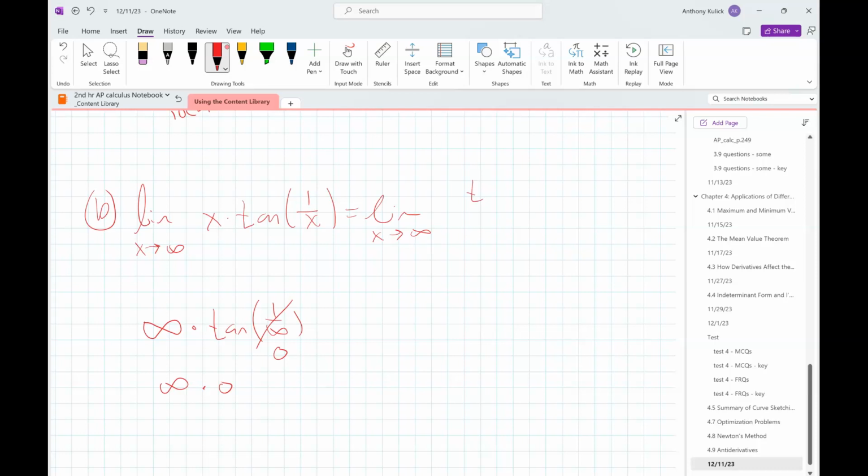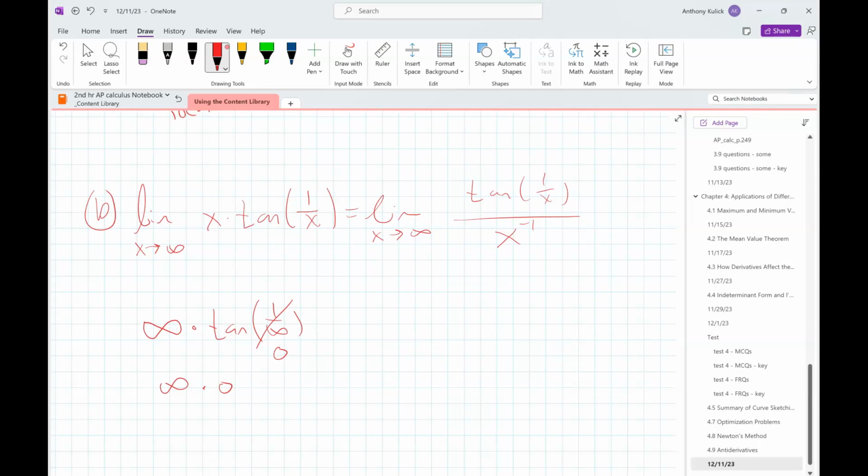There you go. Jacob has it. We can write it as tan of 1 over x, over x to the negative 1. Because if I do the reciprocal of a reciprocal, that's like doing nothing at all, right? If I take the x, make the exponent negative and put it in the denominator, it's reciprocal to reciprocal, and it just does nothing.